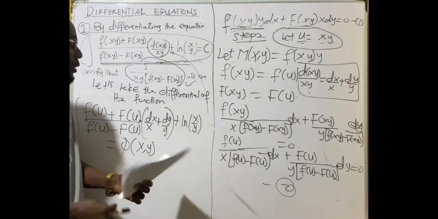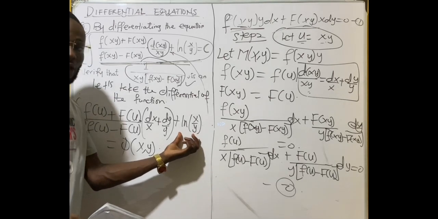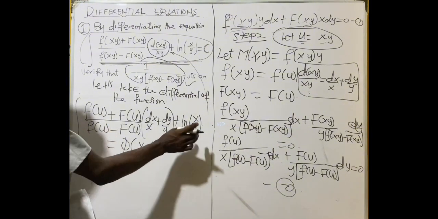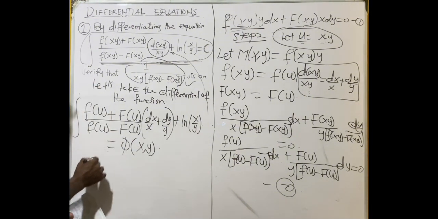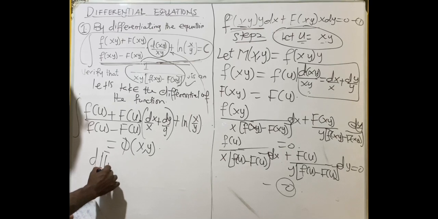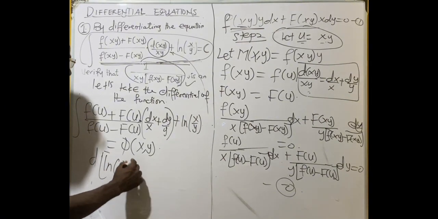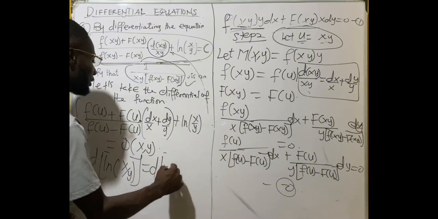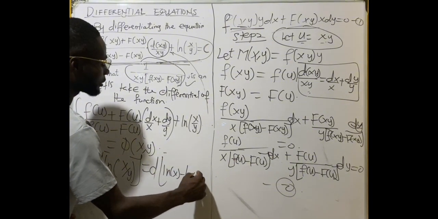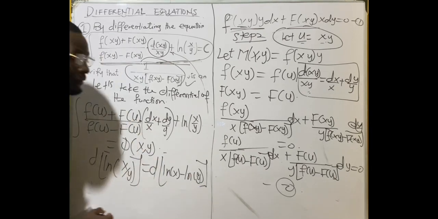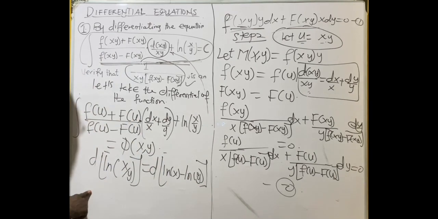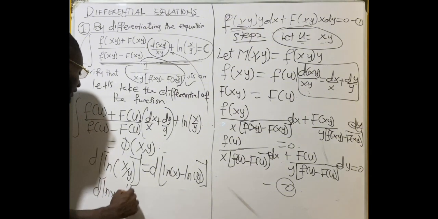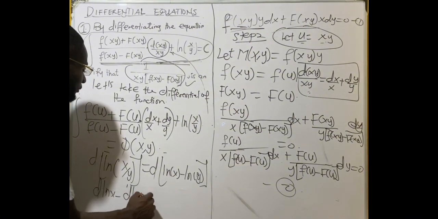So I want us to handle this natural log function before we start the whole process, right? So we're going to handle this. So when you differentiate the natural log function, ln of x over y, it can be expressed as ln of x minus ln of what? y, right? So we have differential of ln x minus differential of ln y, right?